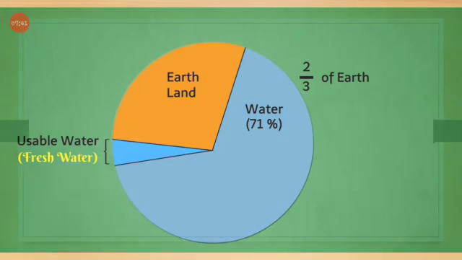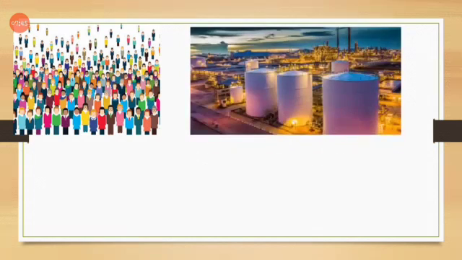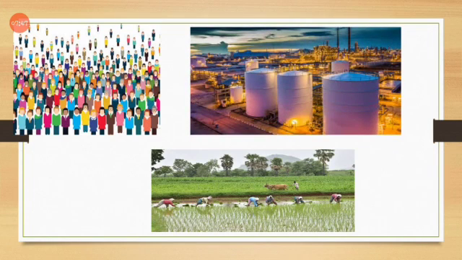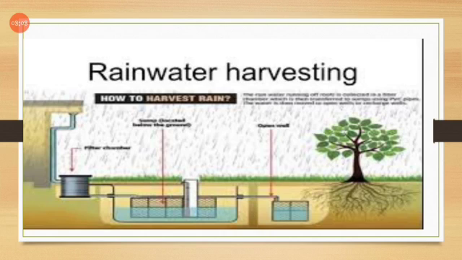The growing population, growing industries and agriculture need a lot of water. The excessive consumption of water is causing a reduction of available water. We need to think of ways to save water. One of the very important protective measures for conservation is rainwater harvesting.